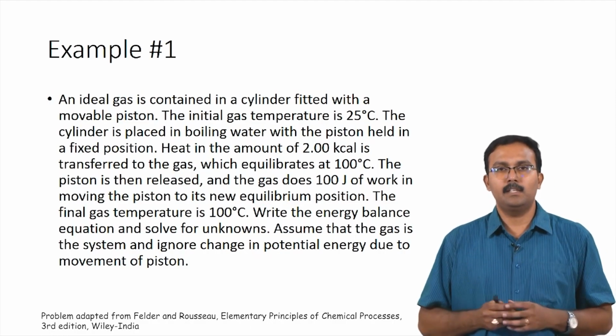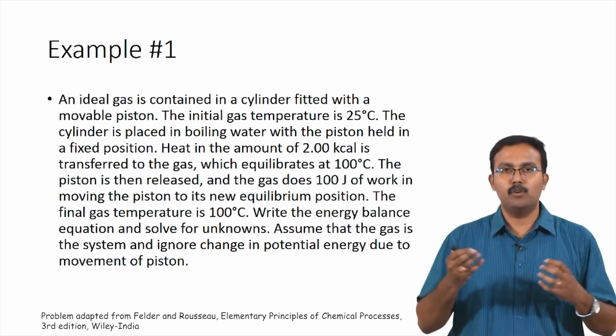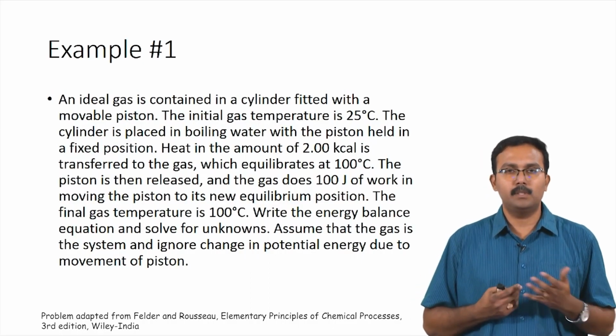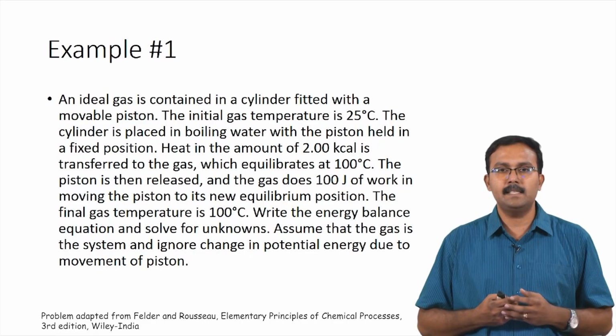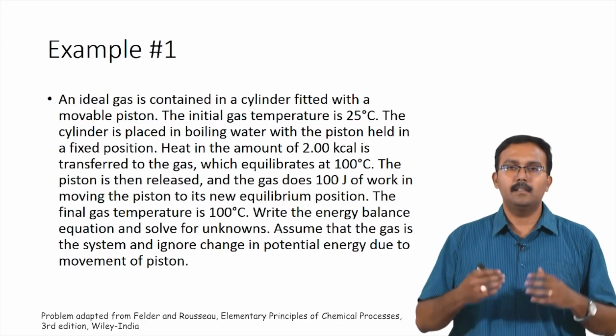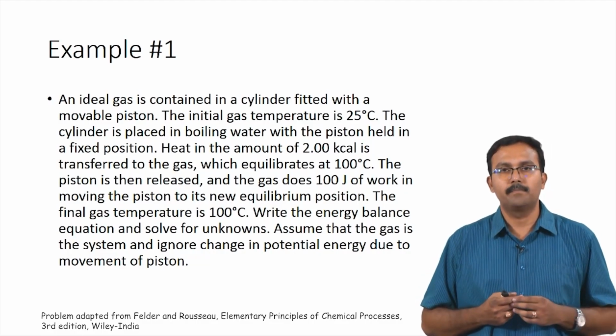So, if you were to look at this problem, what you have is an ideal gas trapped inside a cylinder with a movable piston. The first step is heat being transferred to the system so that the temperature of the gas rises from 25 degrees Celsius to 100 degrees Celsius, and the volume remains constant because the piston is not moving.